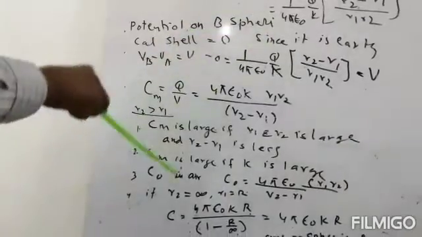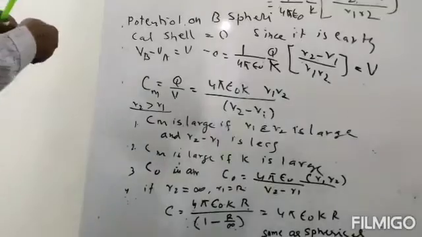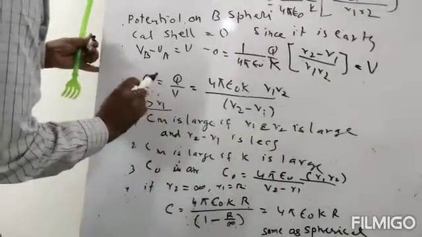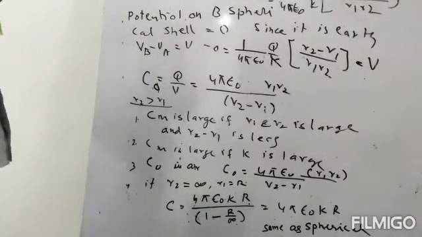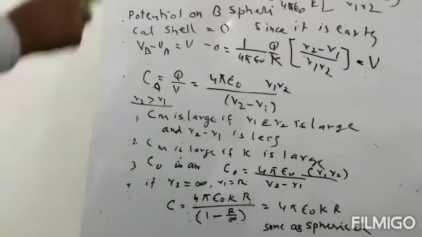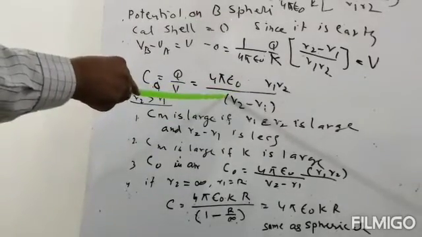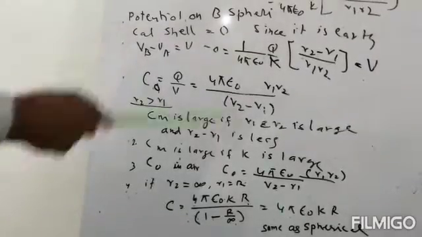So if we have air instead of a dielectric, then C air will be equal to the same expression with K equal to 1. So this will be the capacitance of a spherical condenser in which air is in between.